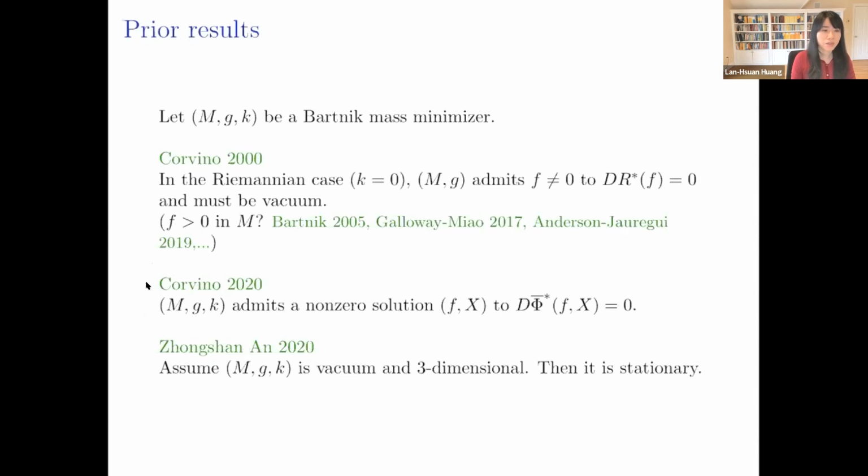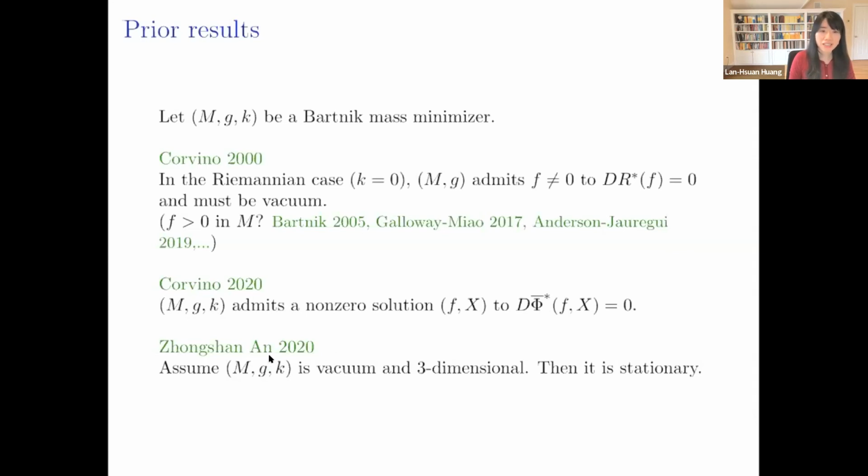Until very recently, so Corvino in 2020, he showed, essentially using local surjectivity and then a conformal type argument, that a minimizer must have a special property. This has non-trivial kernel.